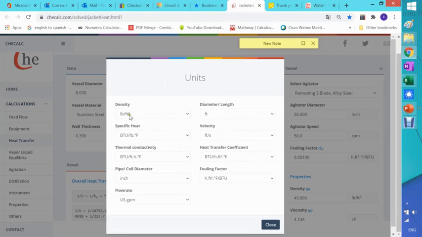For example, I'm okay with pounds per cubic feet, however I might change to kilograms per cubic meter. The specific heat I can also change to a metric unit. Thermal conductivity, let's change it too. I'm okay with inch. I'm not using pipe, I'm going to be using a full jacket.